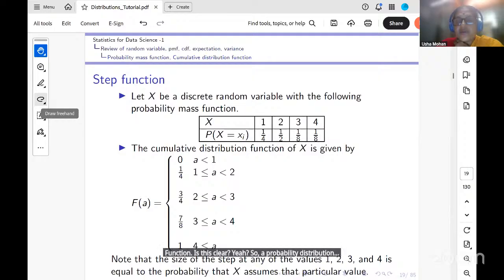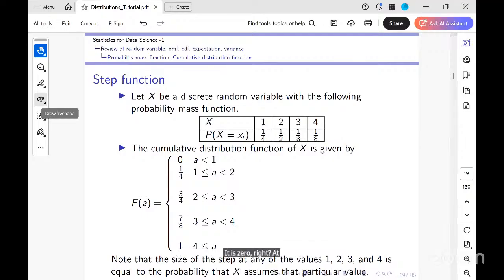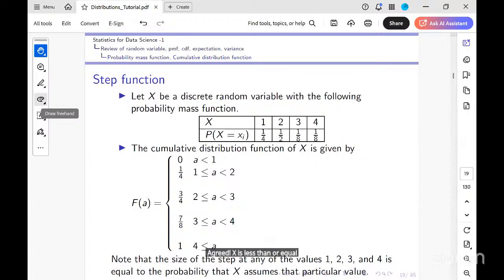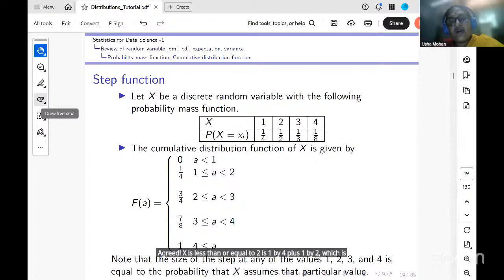For example, here, what is the probability till a is less than 1? It is 0, right? Between 1 and 2, it takes the value 1 by 4. Agreed? X less than or equal to 2 is 1 by 4 plus 1 by 2, which is 3 by 4. Okay. A between 3 and 4 is 3 by 4 plus 1 by 8, that is 6 by 8 plus 1 by 8, which is 7 by 8.